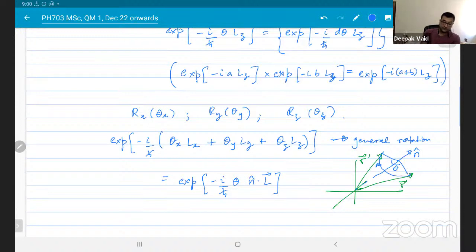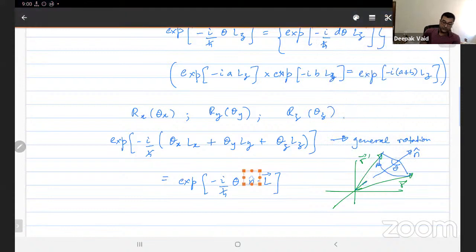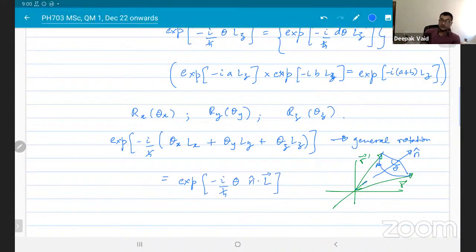So this is a general property of rotation. This tells you that you can generate any rotation in this way.